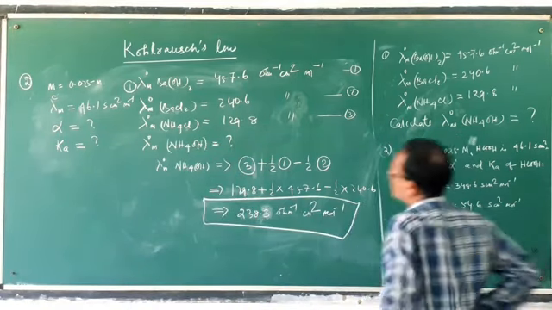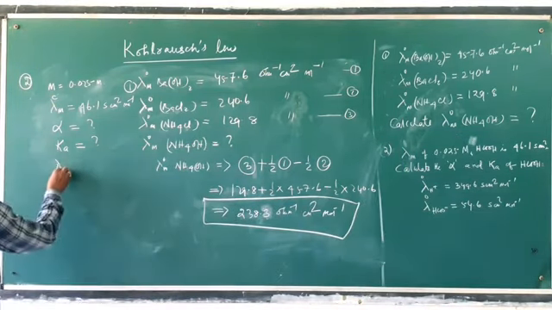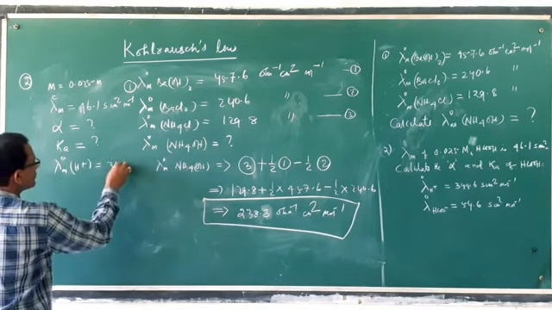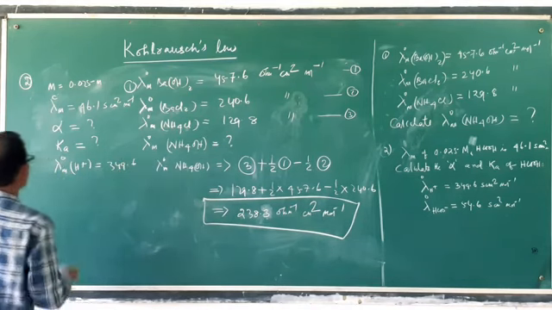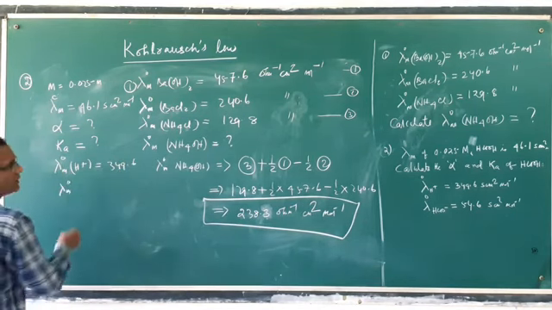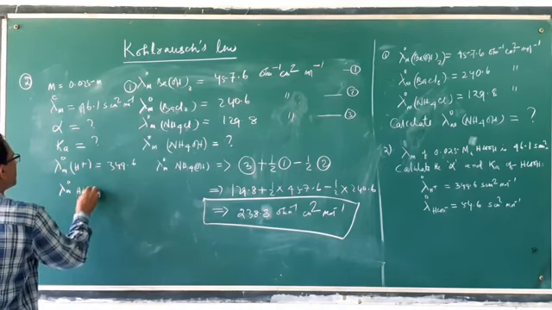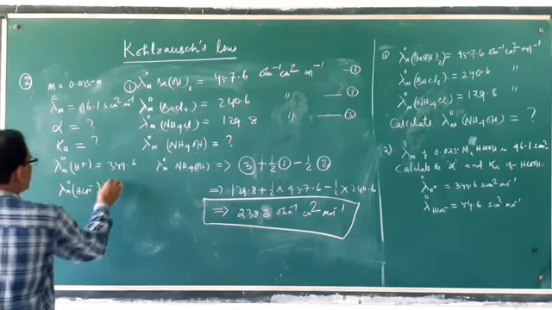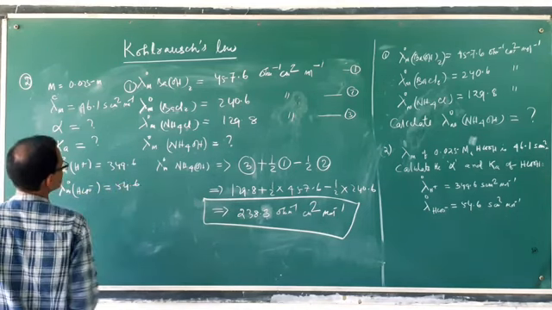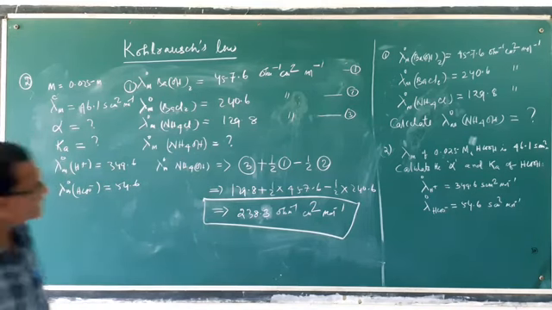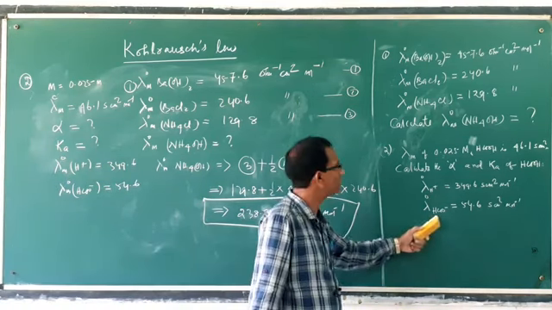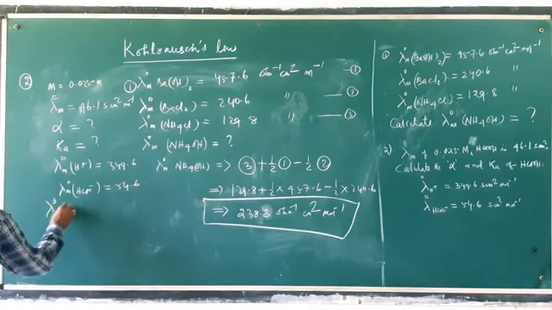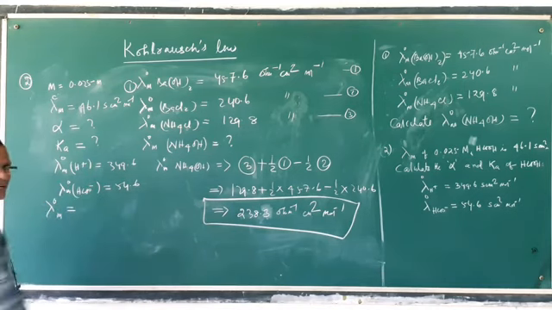What is lambda m naught? Lambda m naught of H plus ion is given as 349.6. Then lambda m naught of formate ion is given as 54.6. If the cation value and anion value are given for an electrolyte, the lambda naught of the electrolyte is cation plus anion.